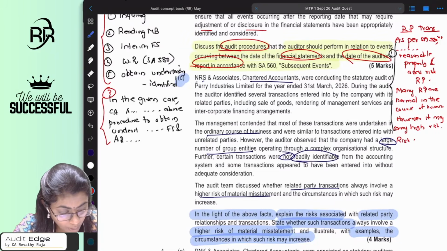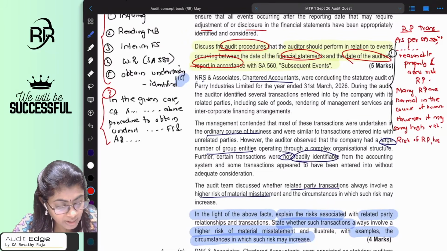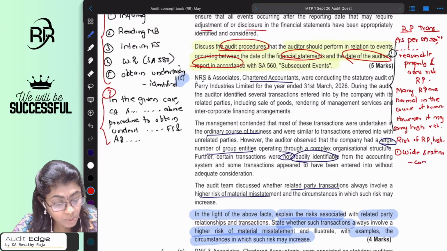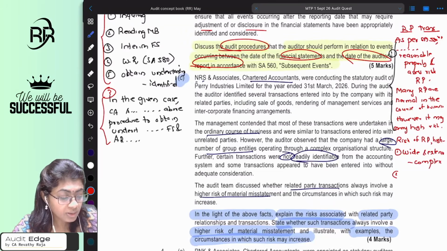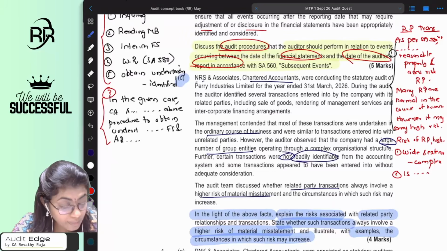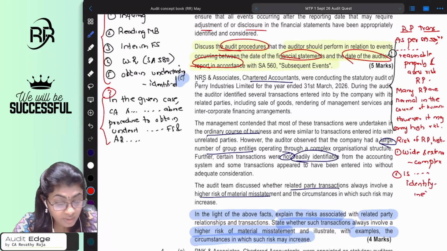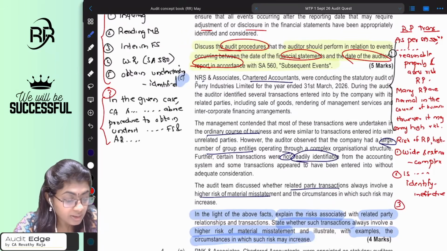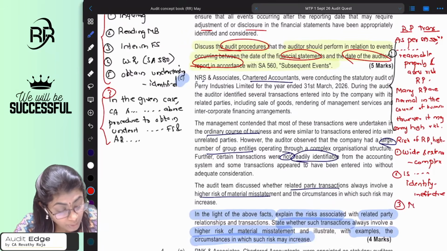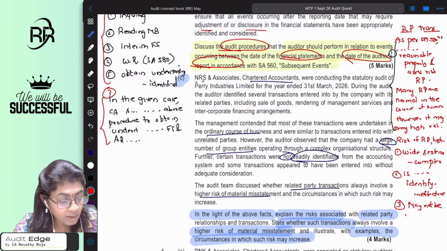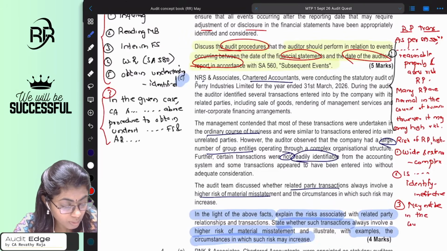Risk of related party transactions may be high because related parties are wide and extensive, plus there is a complex range. Second, the information system may not identify all related parties, or it is ineffective in identifying related parties. Third, most of the related party transactions may not be in the normal course.